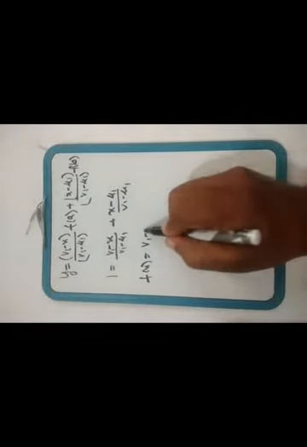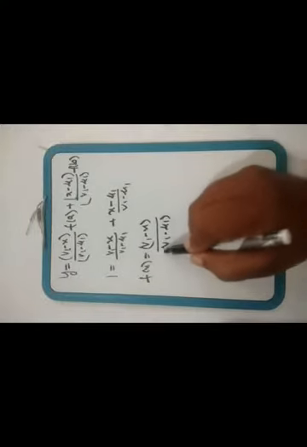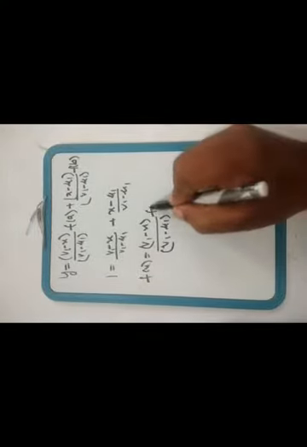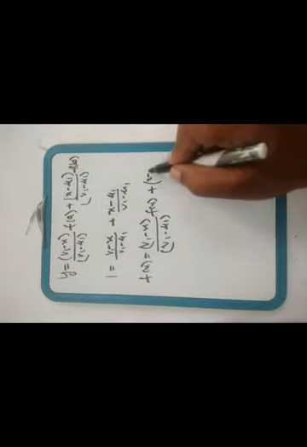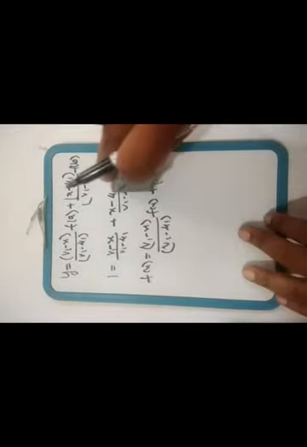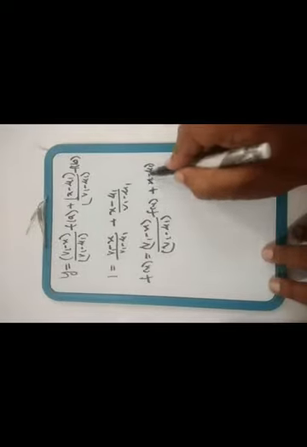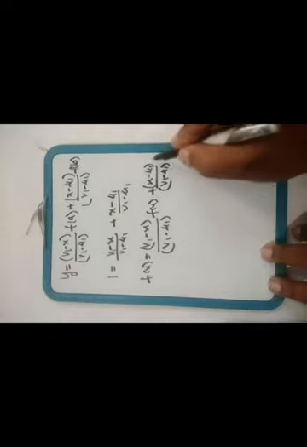We have (v1 minus x) upon (v1 minus u1) times f of x plus (x minus u1) divided by (v1 minus u1) times f of x.